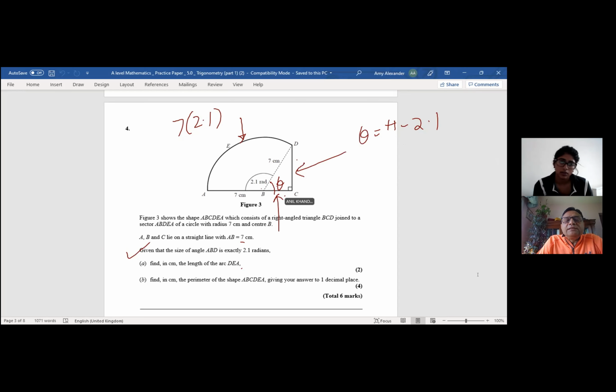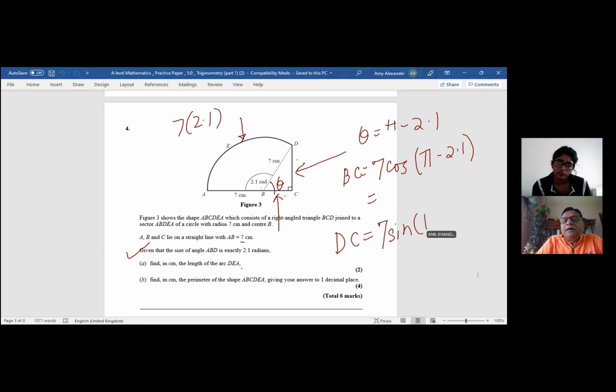BC is 7 cos of pi minus 2.1, correct? And DC will be the sine component, 7 sine of pi minus 2.1. You get the idea? SOHCAHTOA, yeah.